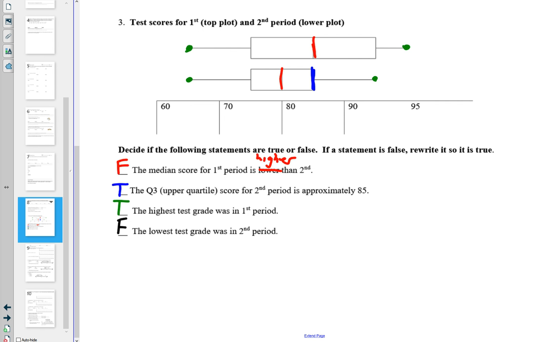So the lowest test grade, if I were to rewrite this, I would maybe change this from second period to in both first and second period. Any questions there?